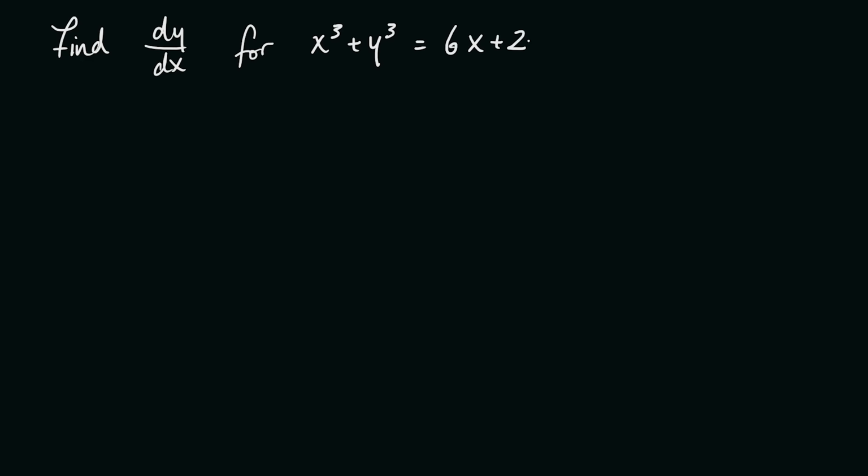And this harder example is this. Find dy over dx for x cubed plus y cubed equals 6x plus 2y squared. Pause the video here and try it out. Remember, it's the same thing as what we just did in the previous problem, just a little bit more complicated because you have more terms here.